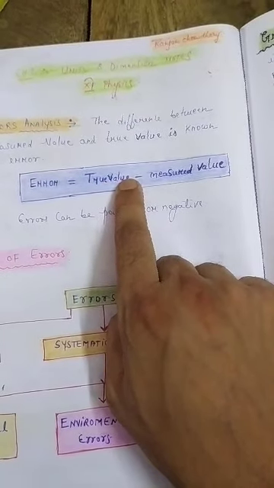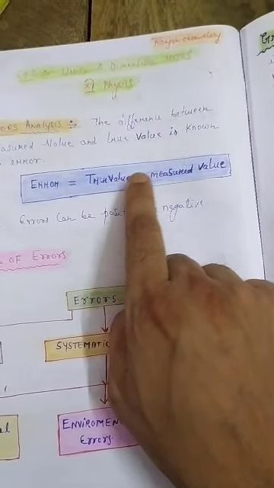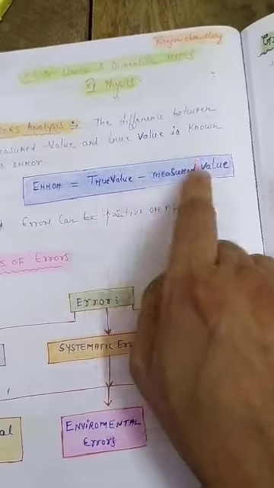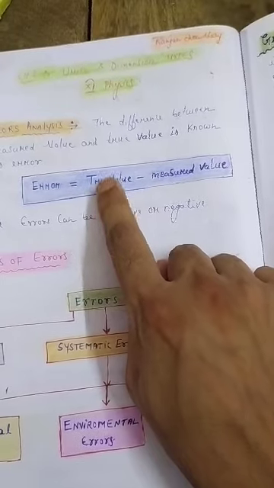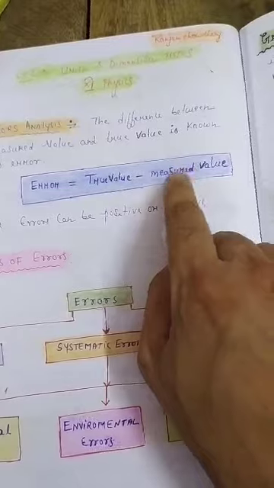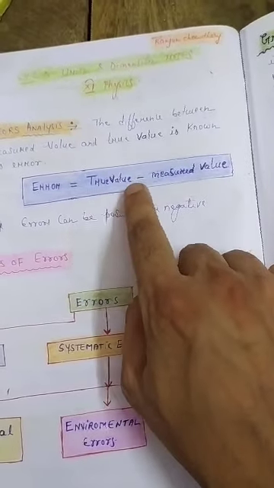True value was how much? 5 kilo 20 gram. Your measured value is 5 kilo 30 grams. So there is an error, there is a difference. When there is a difference between true value, that is real value, and measured value, then there is an error.